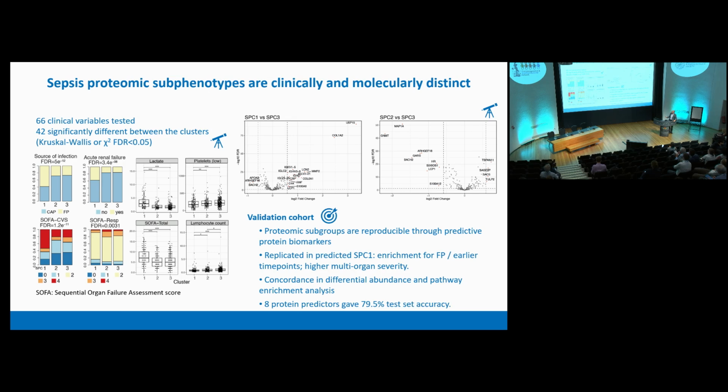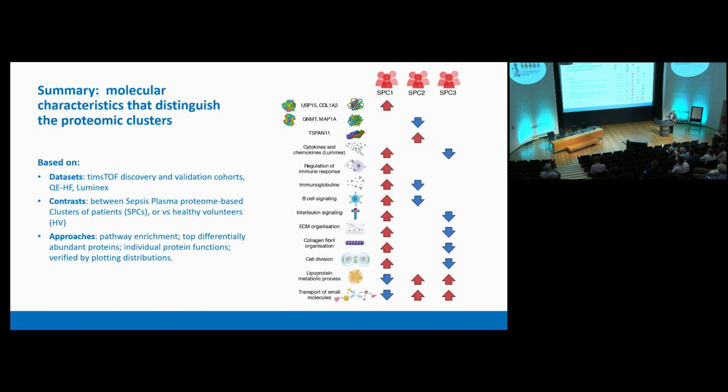And essentially we found that one of these clusters, cluster 1, was associated with poorer outcome and was associated with particular proteins showing differential abundance in particular processes. And this is summarized here in terms of a whole variety of immune processes that appeared to be different in this particular cluster.